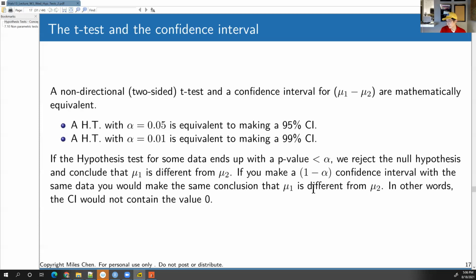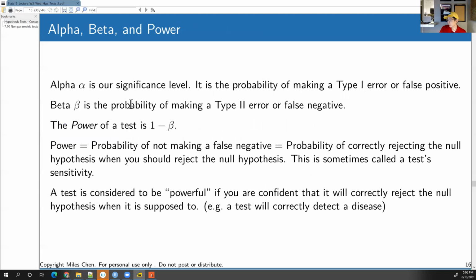Okay. Maybe I'll just backtrack a little bit. There is no direct relationship between alpha and beta. Just because you know alpha doesn't necessarily mean you can calculate beta right off the bat, okay? So there is a relationship where decreasing alpha increases beta, but it's not a direct one-to-one relationship.